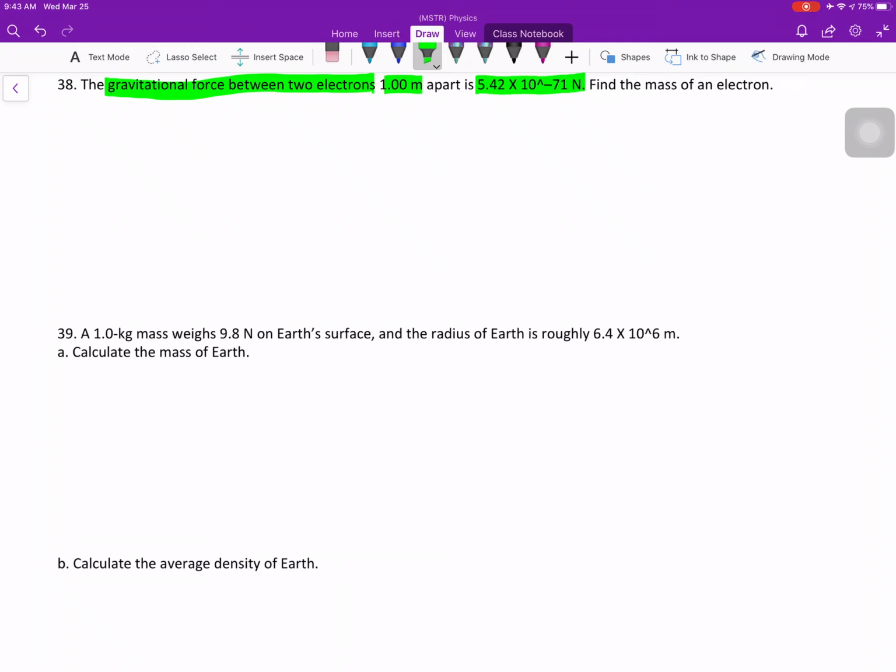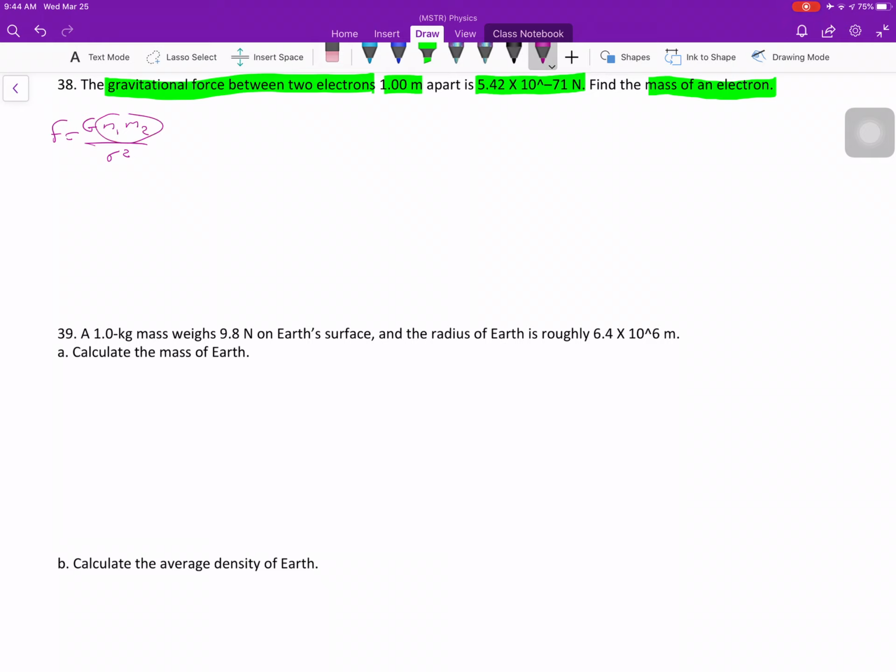So what this problem is asking is, what is the mass of an electron? So we're still using the same formula, force equals gravitational constant, mass 1, mass 2 over r squared, but we want to solve for mass. But what we need to also assume is that every electron is the same mass.